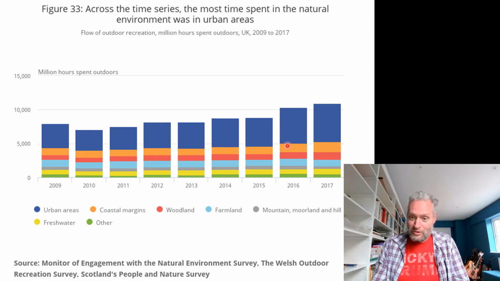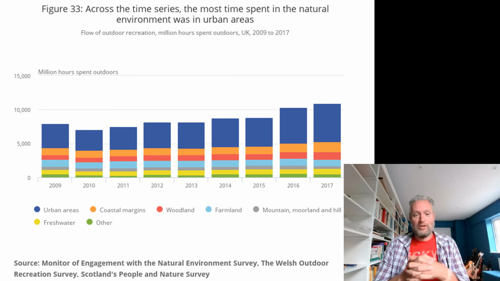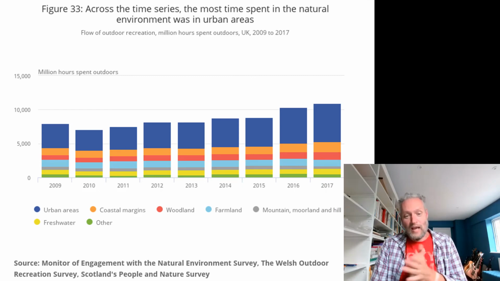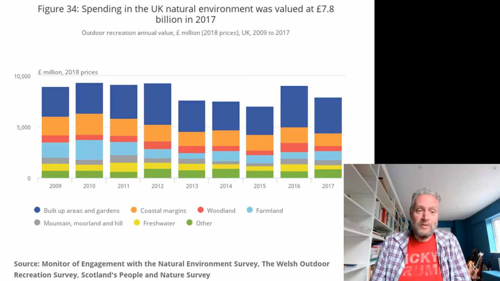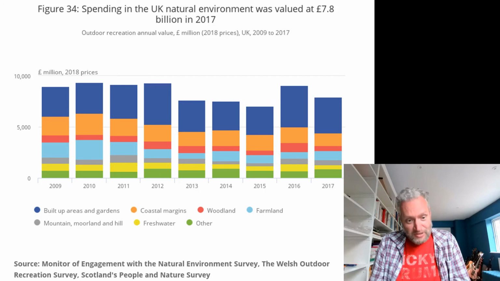Then we all like to go to the beach, that's the orange. Forests are pretty popular too, so this just tells you where do people spend their time. And then they also have numbers on what is actually the value of this, and this just follows from a travel cost survey.